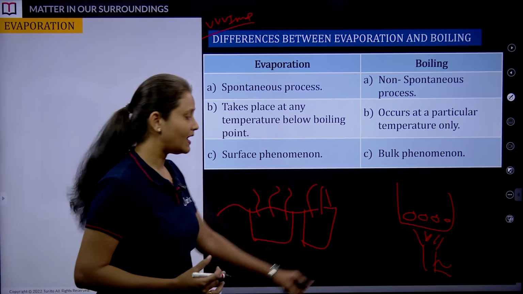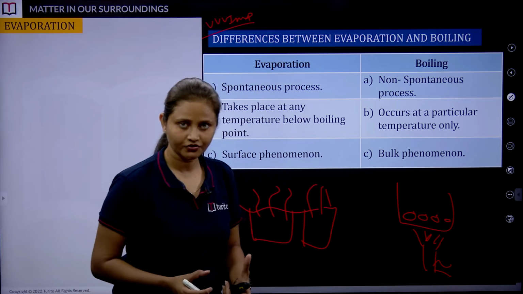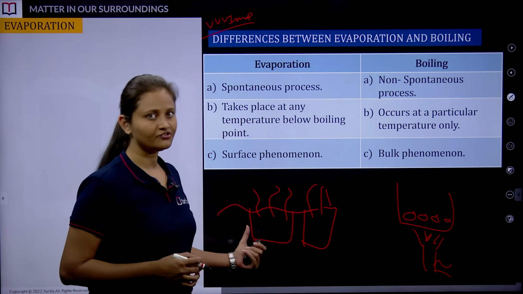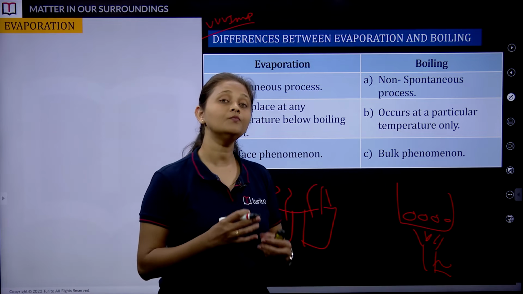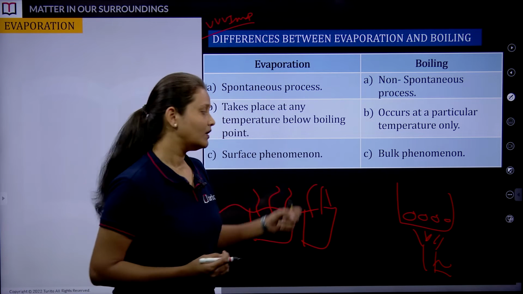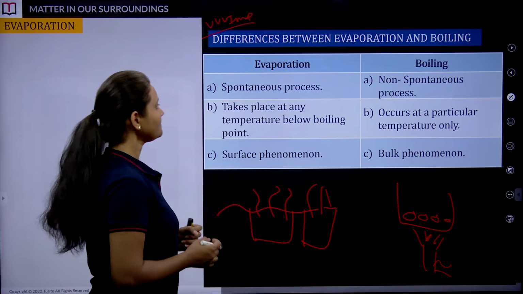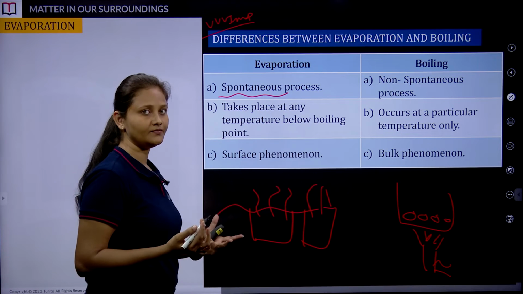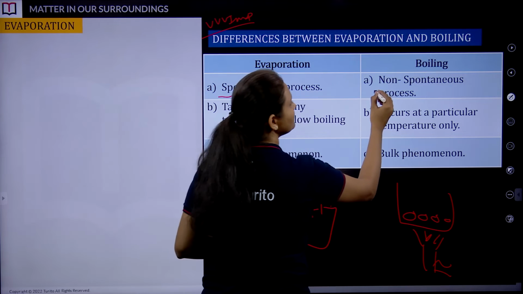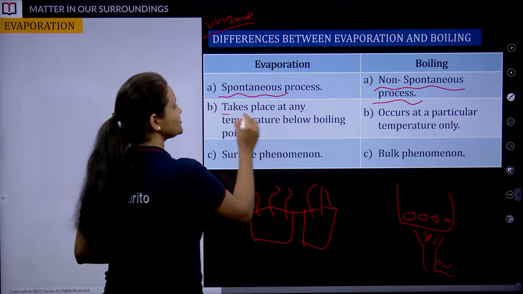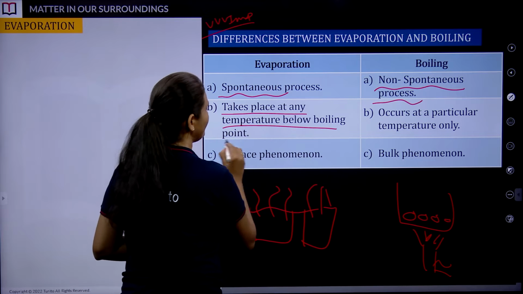I do not supply any external heat source. So it happens naturally, for evaporation to happen we don't have to supply any external source of heat, unlike boiling. That's why we say it's a spontaneous process, it happens very naturally, whereas boiling is a non-spontaneous process. Evaporation takes place at any temperature below boiling point.